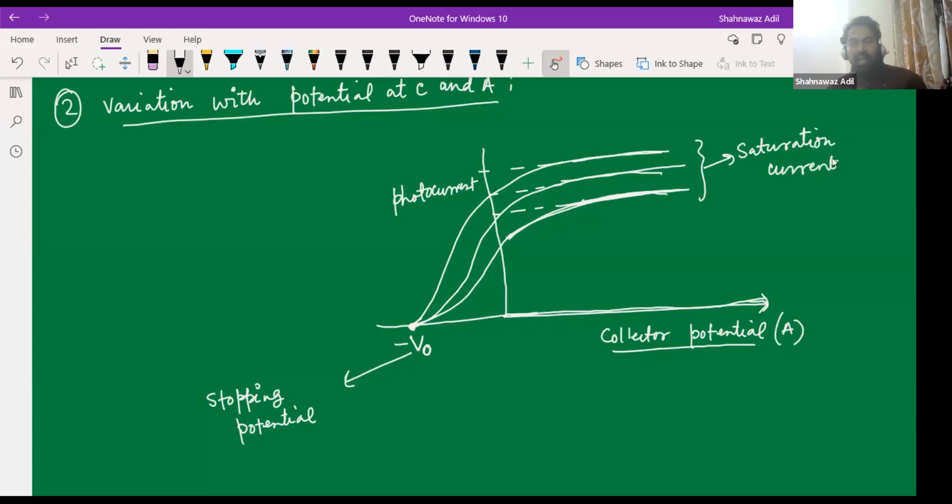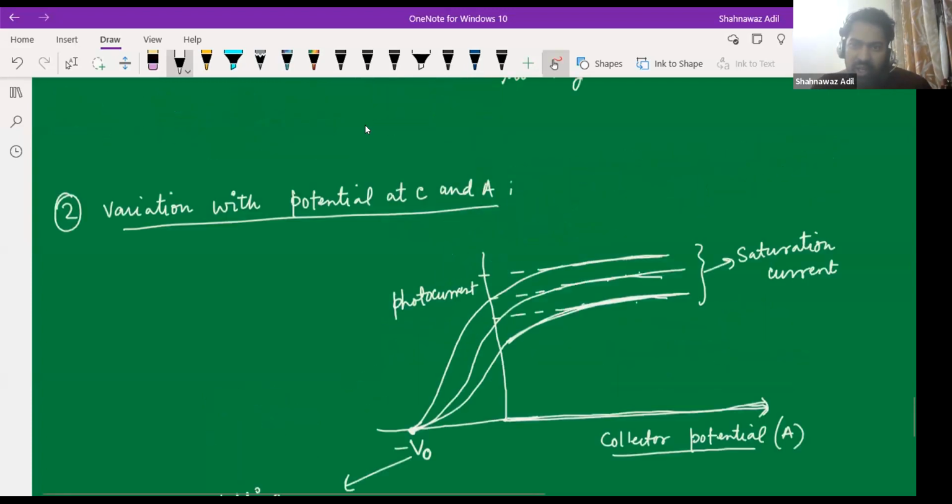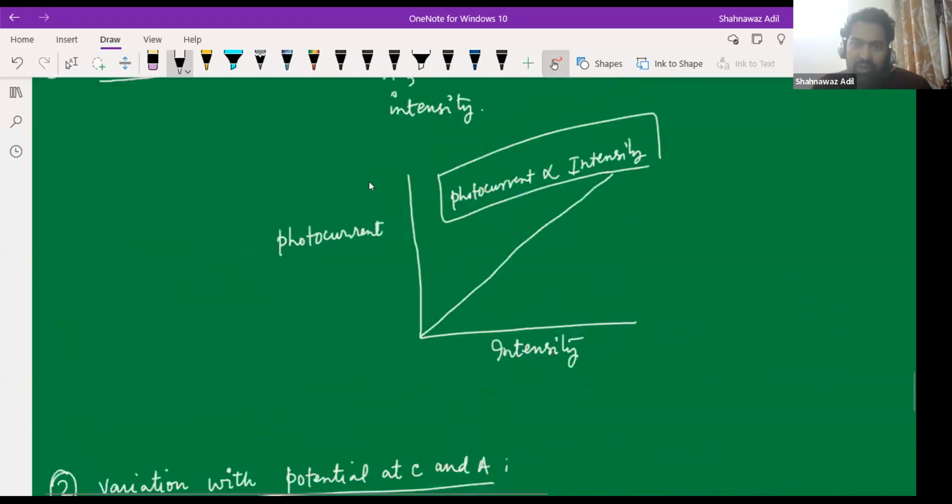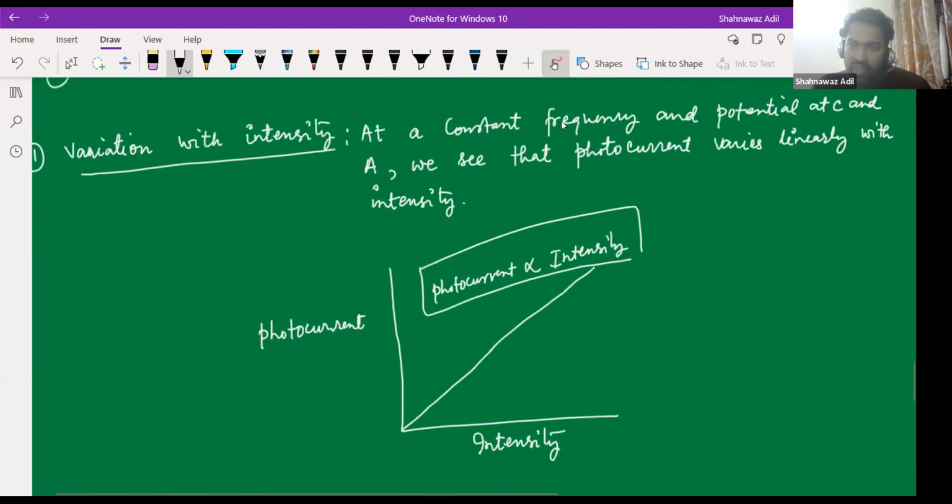And we can see that we can increase the value. So these are three different saturation currents. This one is the highest saturation current, right? But these are for different intensities, because I have fixed the photosensitive plate and I have also fixed the frequency.